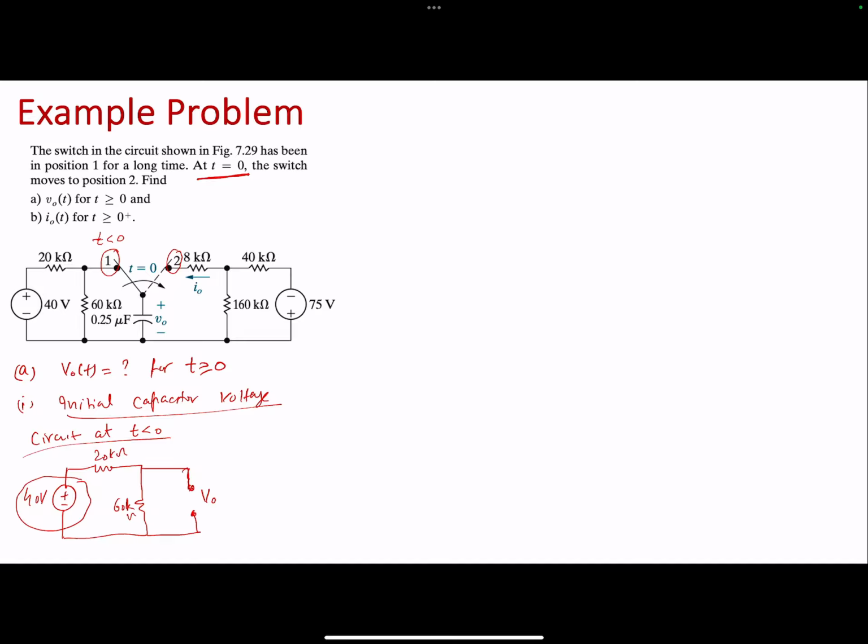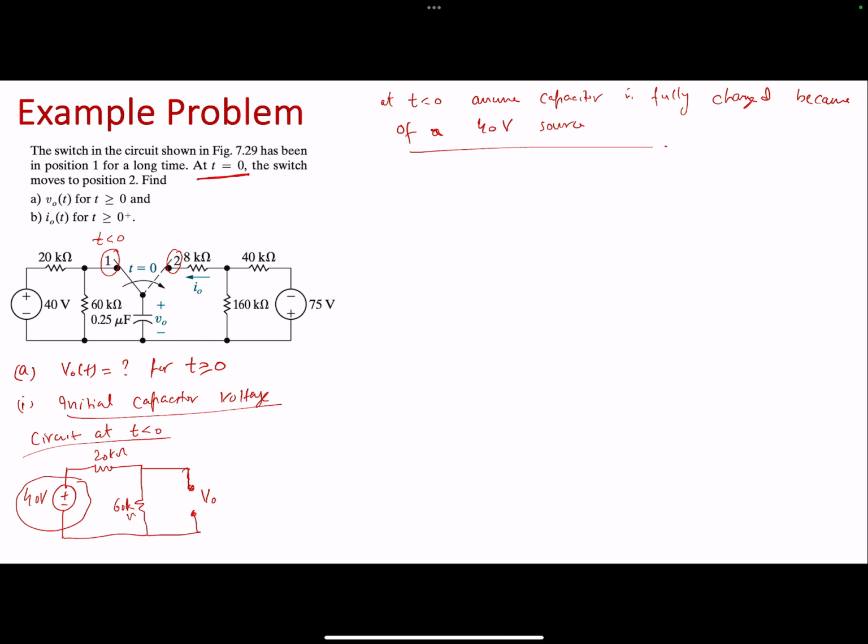So at t less than 0, assume the capacitor is fully charged because of the 40 volt source.